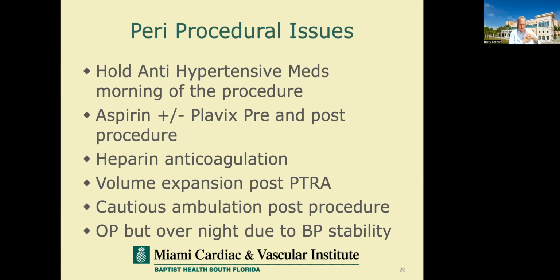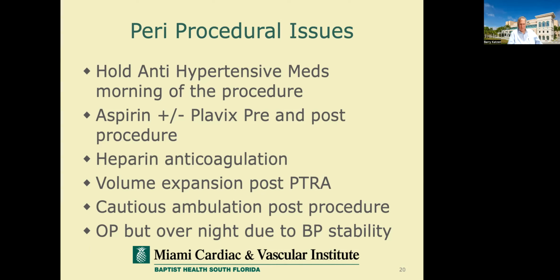We use anticoagulation as well. And after the angioplasty is successful and the artery is open, patients can experience hypotension because of the nature of the hormonal changes. And so we generally use volume expansion, where we give intravenous saline for 200 to 500 cc's right after the procedure. This is to promote a gradual decline in blood pressure following treatment.